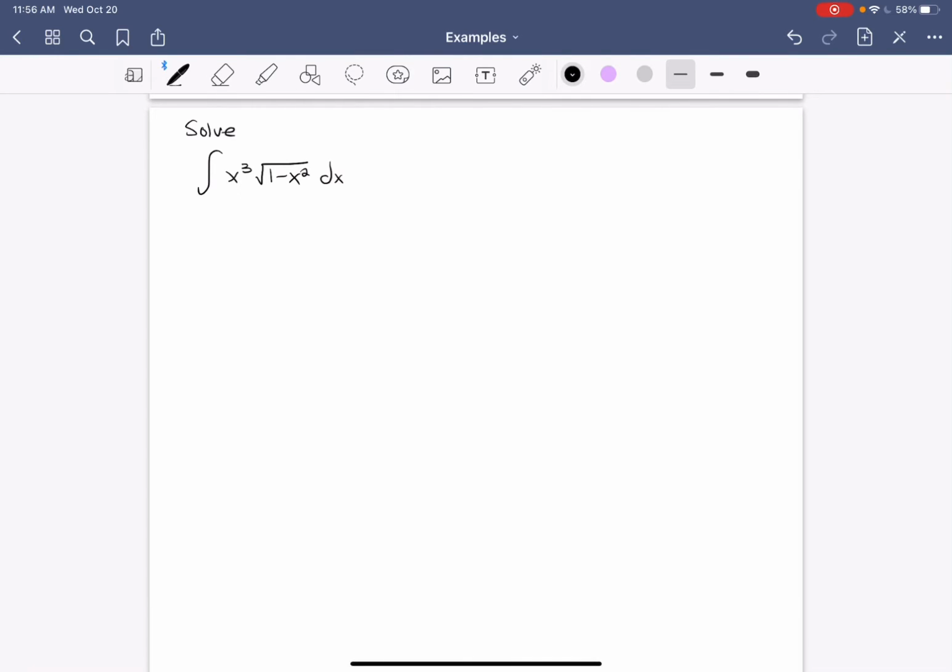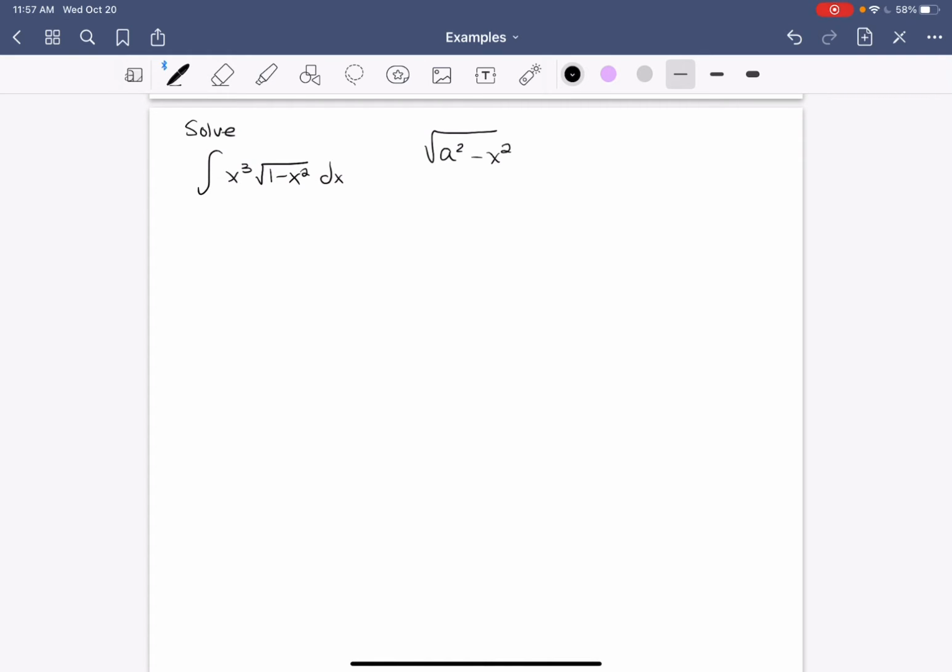Hello everyone, today we're going to solve this integral of x cubed square root of 1 minus x squared dx. In order to solve this, an easier way to do it would be using a trig substitution.